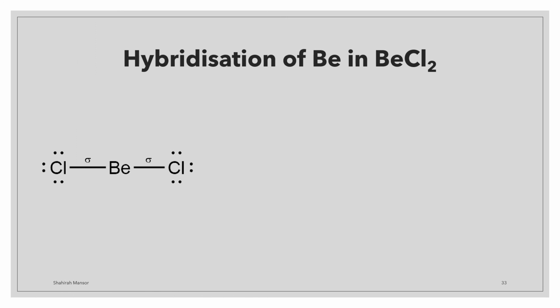Now, let's study the hybridizations of beryllium in BeCl2. First, draw the Lewis structure. Second, calculate the number of sigma. So, ada dua sigma di sini, satu, dua, sigma bonding. And then, listkan di susunan ini. So, kita akan stop sehingga S dan P sahaja.